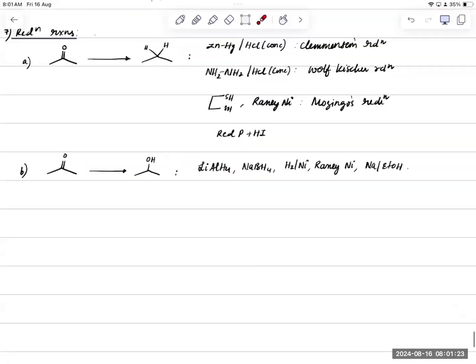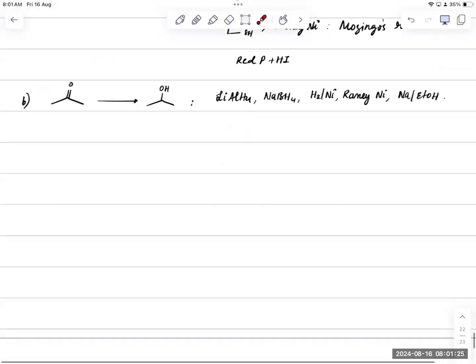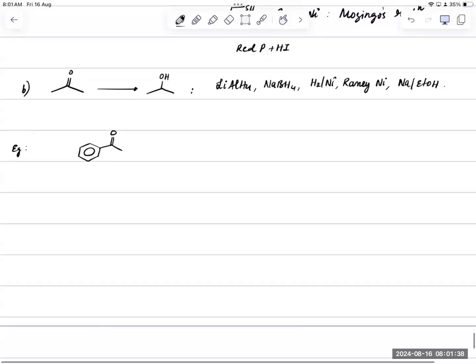Reduction-wise, not much is observed here. But as an example, you have to note in which case what to do. So suppose you have double bond O here, and double bond O here, and then I have NO2 here, and again I have OH here.